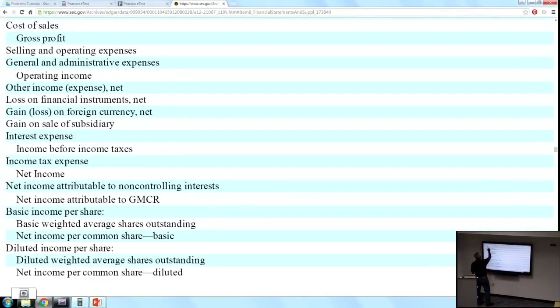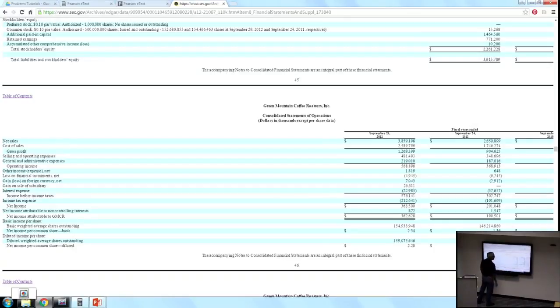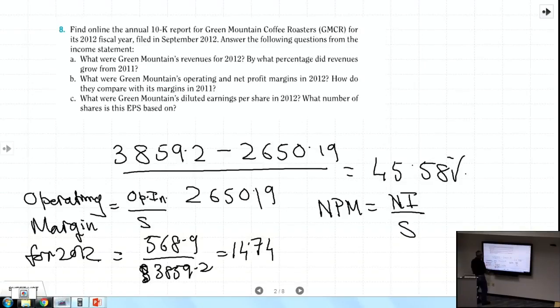We start with cost of goods sold, selling expenses, operating income, subtract interest expense, we get EBIT, earnings before interest and taxes, we pay tax expenses, we add other net income from other sources, and this one, net income attributable to GMCR, is the number we are looking for, which is 362.62.